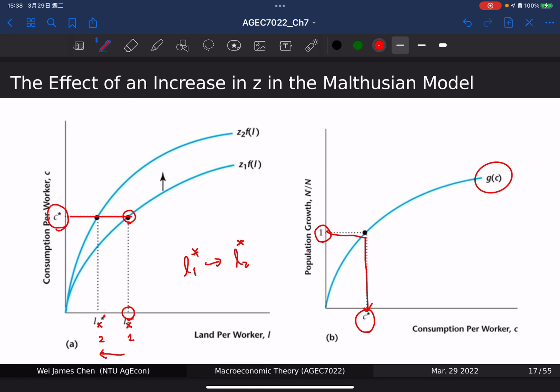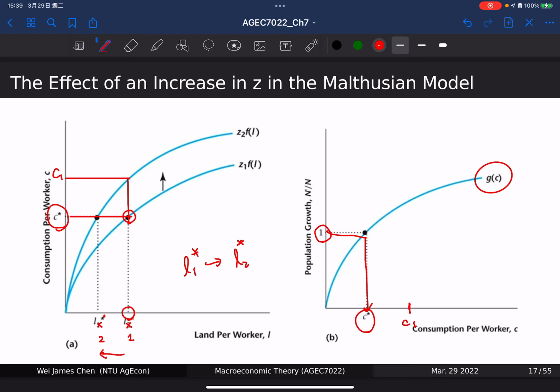This consumption per worker will go up to this C star 1, sorry, maybe another notation would be better. Let's say C1. C1 is a level that's higher than C star, right? So suppose C1 is here.